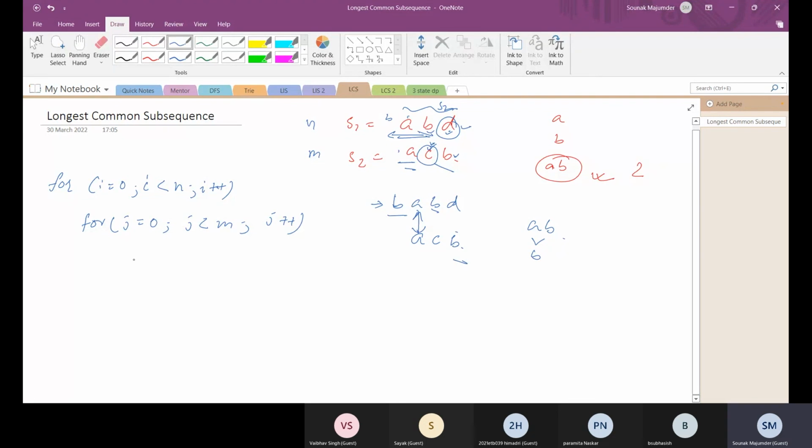There are two conditions: either s1 of i will match with s2 of j, or it will not match.